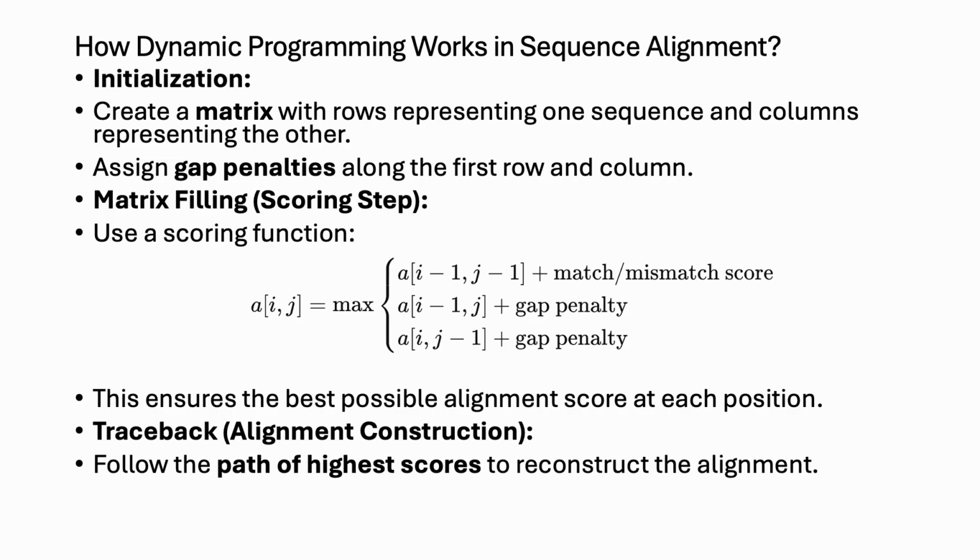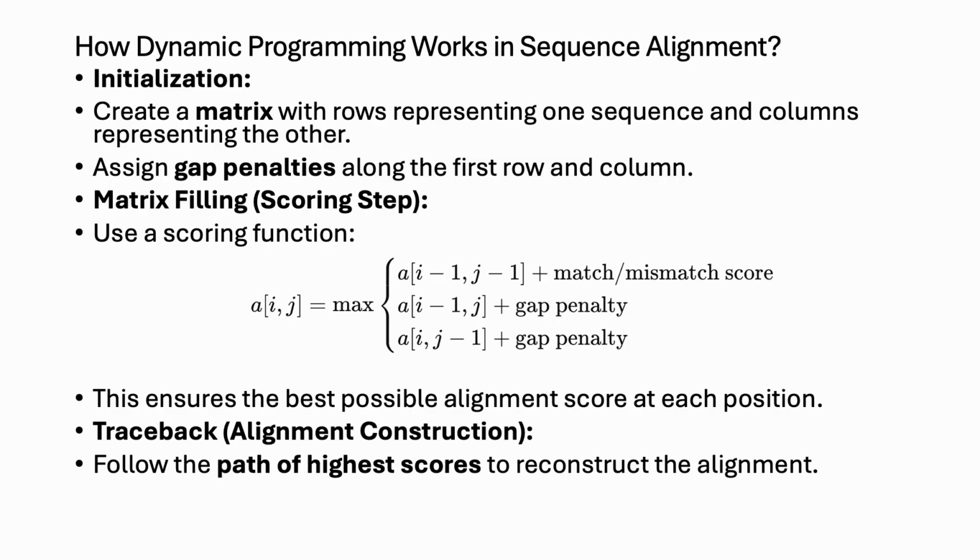Okay, now let us see how dynamic programming works in sequence alignment. These are the major steps: initialization, then matrix filling, and traceback. These are the three major steps. Under initialization, we create a matrix with the rows representing one sequence and columns representing the other. Once this step is done, we calculate the score, assigning gap penalties along the first row and column. Then we fill the entire matrix using the scoring step.